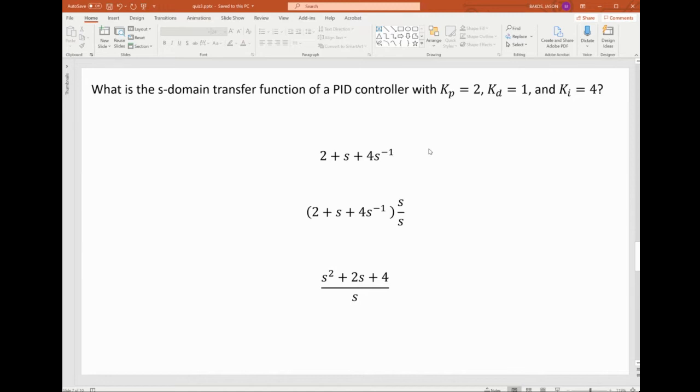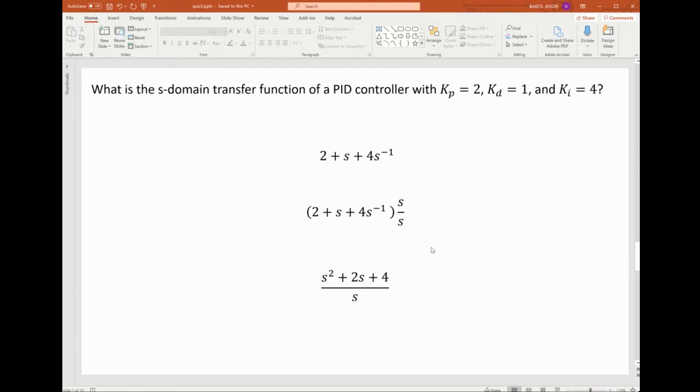Now, this answer would be fine the way it is, but like I was saying earlier, you can multiply this by s over s, and you can get it into a proper ratio of polynomial form.